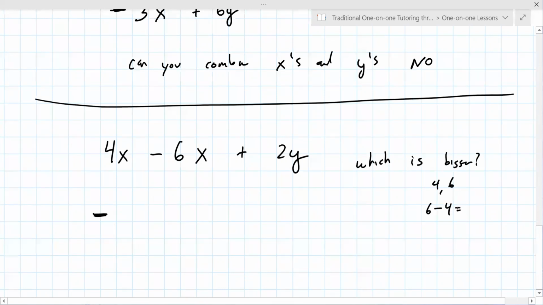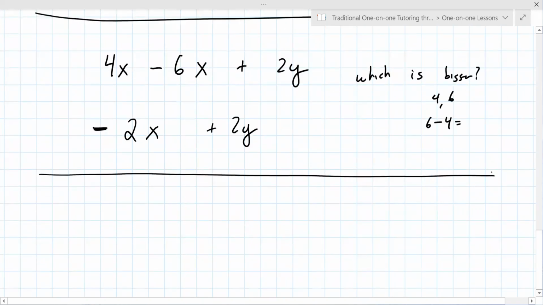What does that become? What is 6 minus 4? 6 minus 4 equals 2. Okay, so it's negative 2x plus 2y. Can you combine these? Can you combine x's and y's? No. Okay, so we're going to increase the difficulty slightly here.